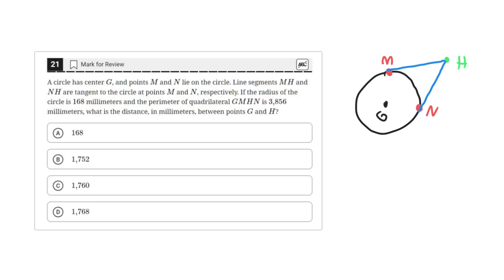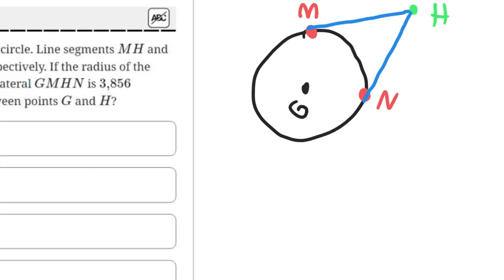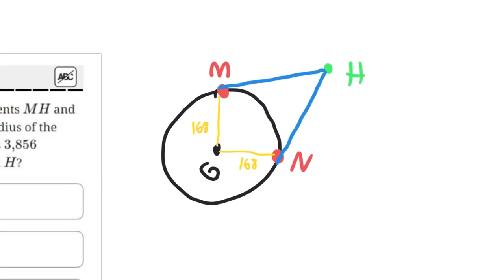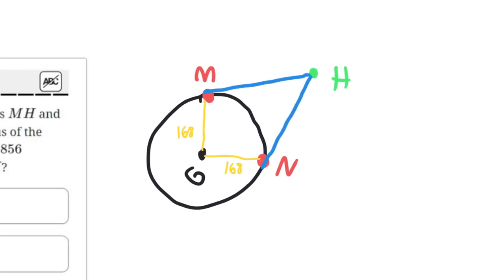If the radius of the circle is 168, all right, so as soon as they say that, I'm thinking to myself, well, let's imagine this radius, and we'll call that 168. Let's imagine this radius, and we'll call that 168. Now, you might be wondering, why am I just choosing to connect these?